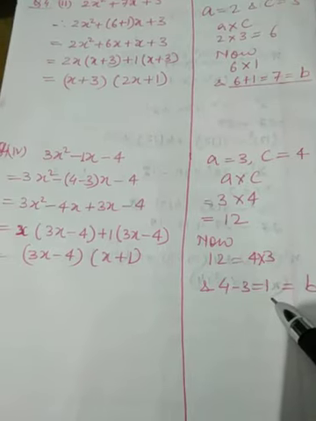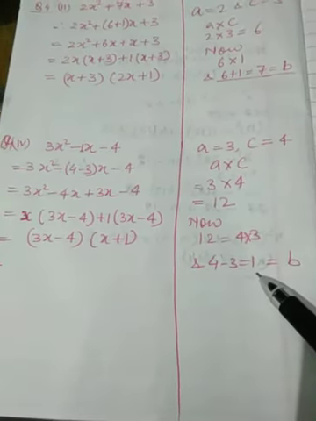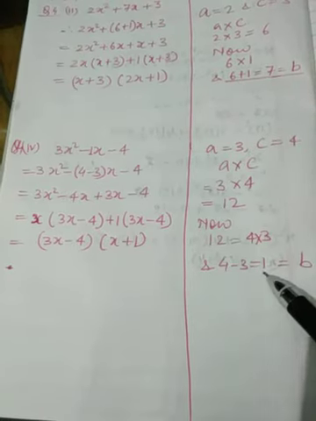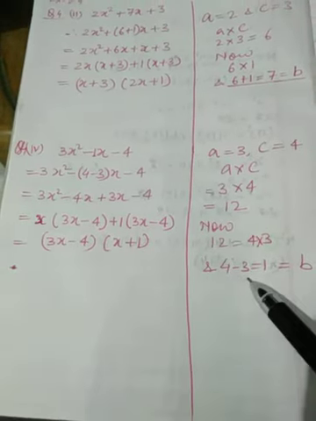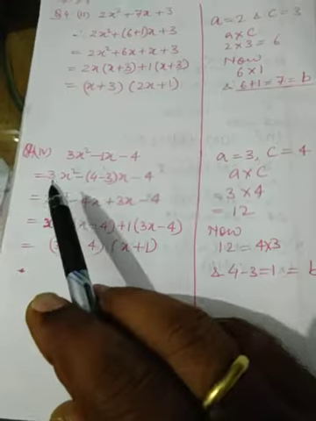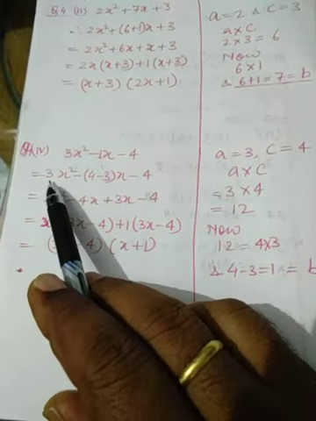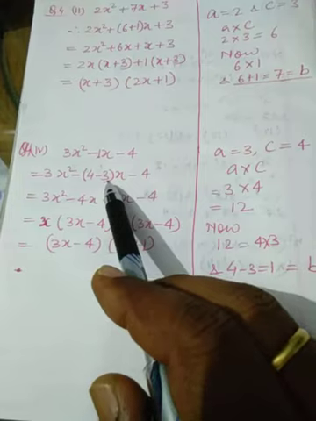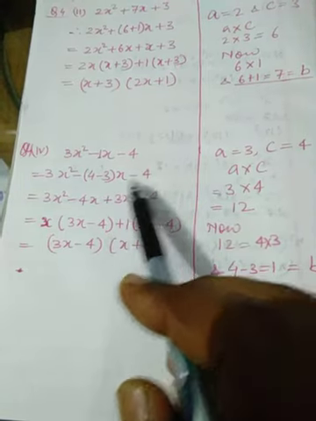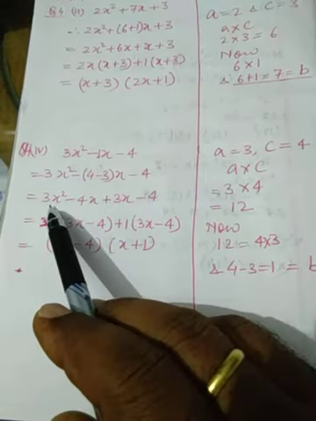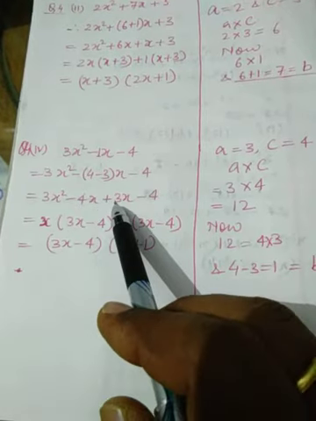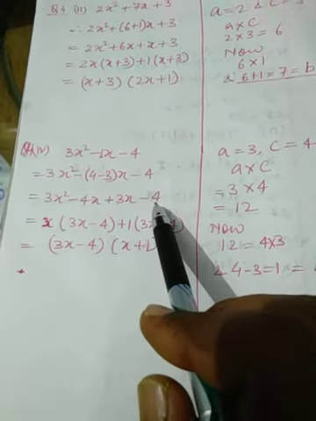So 4 times 3 is 12, and 4 minus 3 is 1. We are trying to fulfill all the conditions required to solve such questions, correct? So instead of 1 we will write 4 minus 3. Let's proceed. In the second step, you will write 3x square, and instead of 1, write 4 minus 3, into x minus 4. Now open this bracket. This will be 3x square minus 4x plus 3x minus 4.